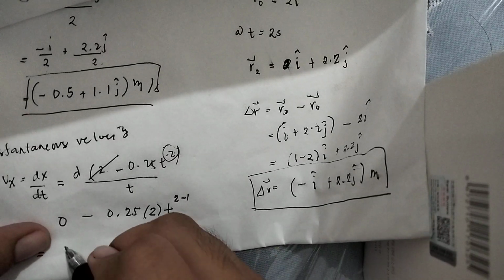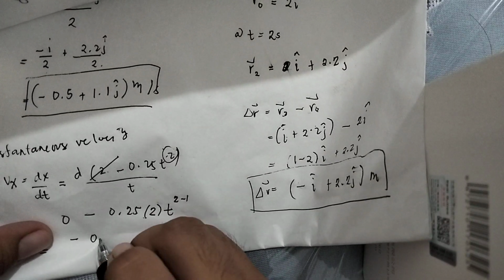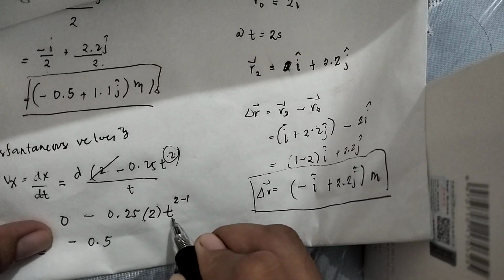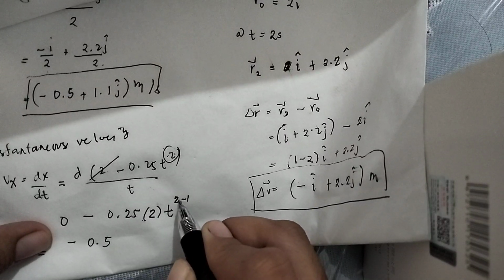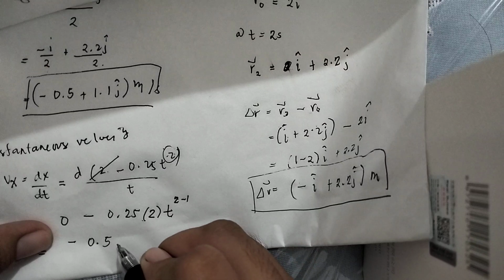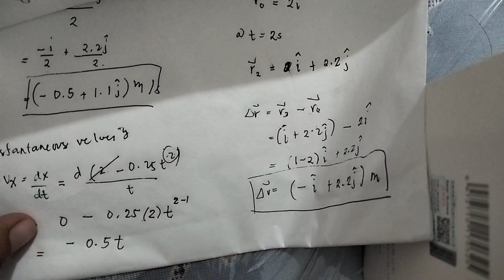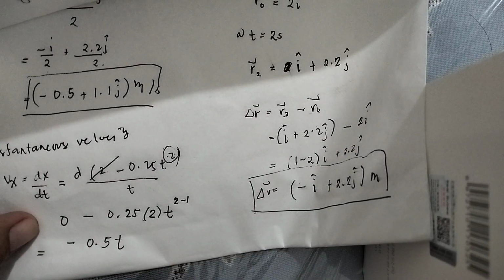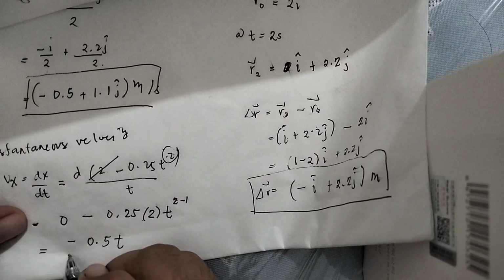Negative 0.5, and then t to the 2 minus 1, which is 1, so it is just t. So, we have negative 0.5 t.